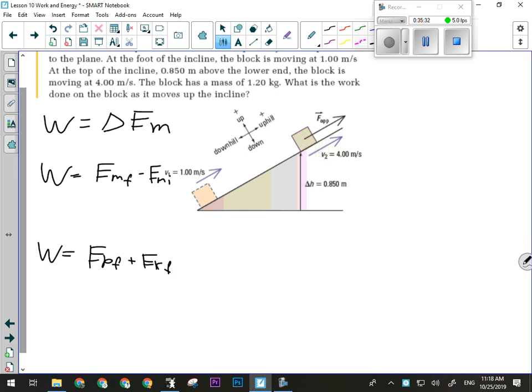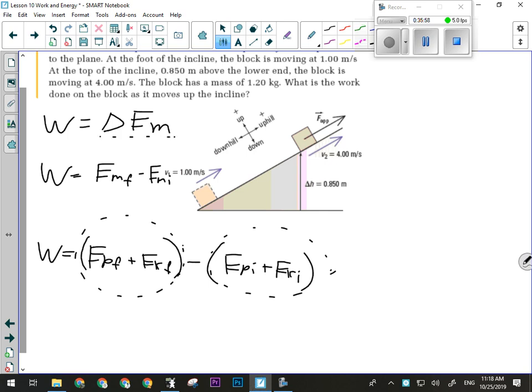We said mechanical energy is the sum of potential and kinetic, so I'm still saying the same thing here. Minus the potential initial plus the kinetic initial. So this is calculating my initial mechanical, this is calculating my final mechanical. If I subtract them, that will calculate the change in mechanical, which is equal to work.